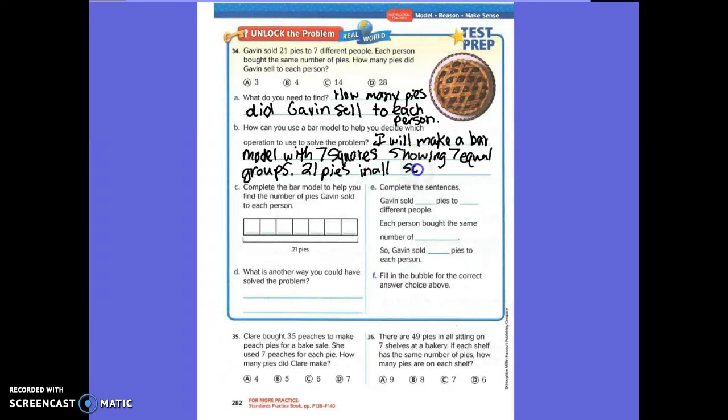So I can divide to see how many in each group.